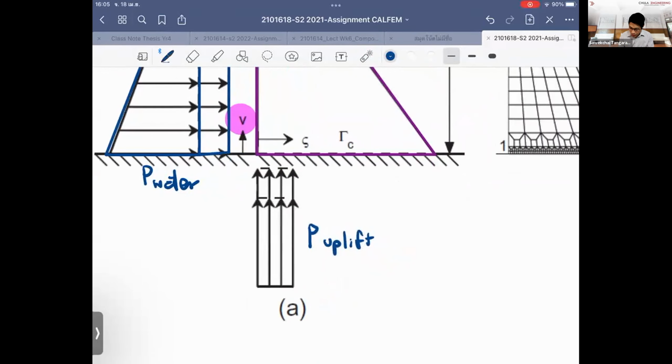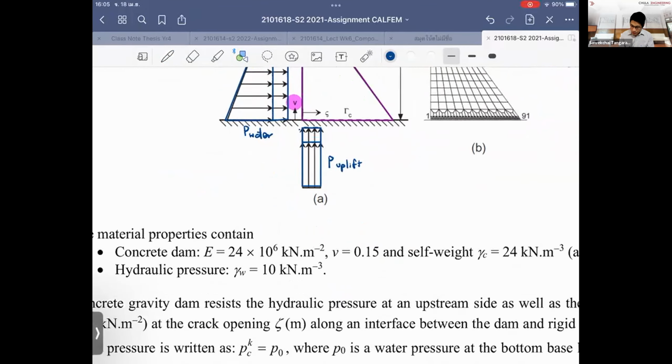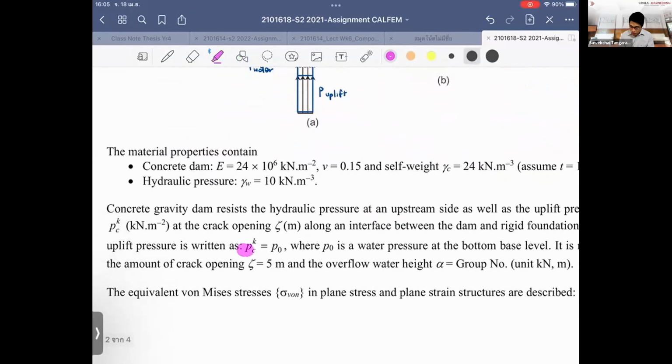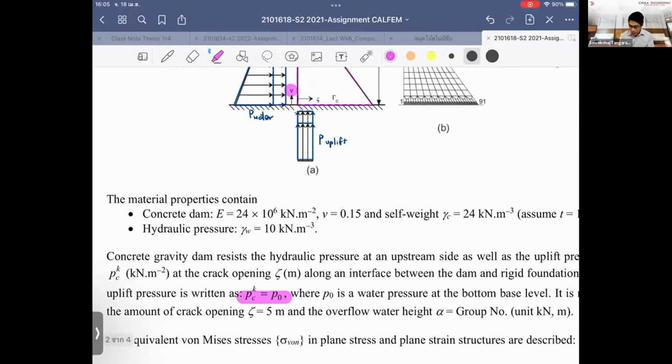The amount of the pressure here is equal to what I assume in this assignment. The amount of the uplift pressure is equal to the amount of the pressure at the bottom. You know that pressure is force per unit area, so if you multiply by the area, you get the value of the force.